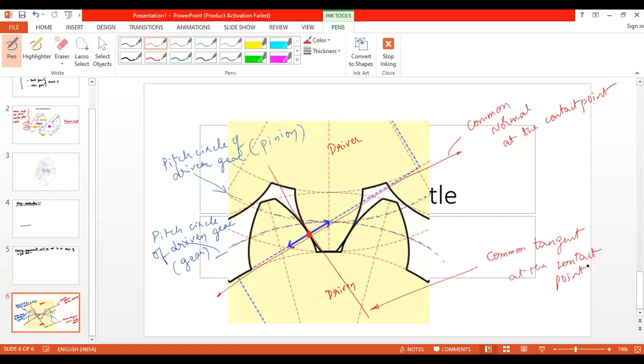Okay. Is it clear? Yes, sir. Pitch circle of the driver, pitch circle of the driven, common normal at the contact, and common tangent at the contact. Okay.